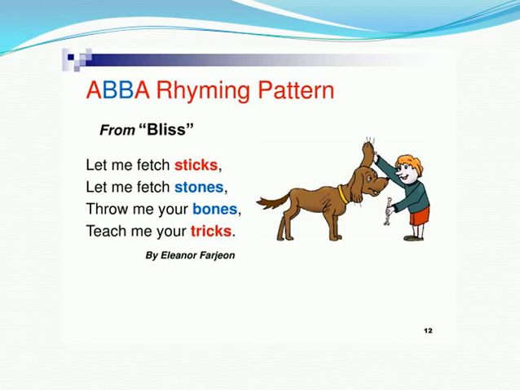And then we have the rhyming pattern of ABBA. Let me fetch sticks, let me fetch stones. If you see, there is a repetition. The musical or rhythmical effect is created through repetition.